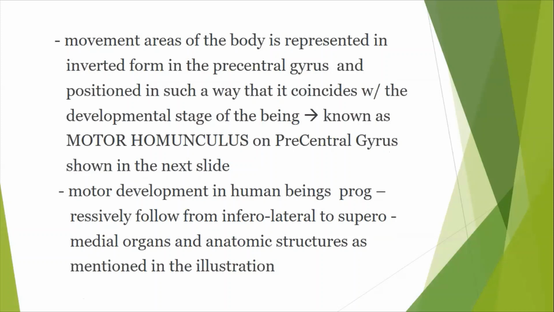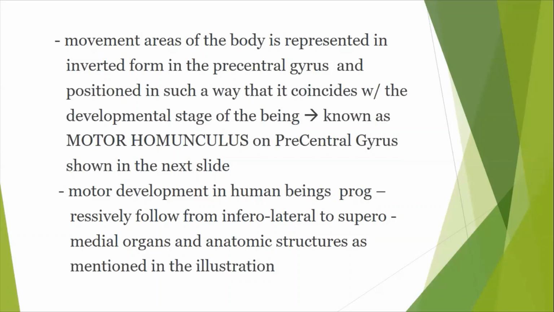So movement areas of the body are represented in an inverted form in the precentral gyrus and positioned in such a way that it coincides with the developmental stage of the being. This is known as your motor homunculus of the precentral gyrus, which I will let you see in the next slide.